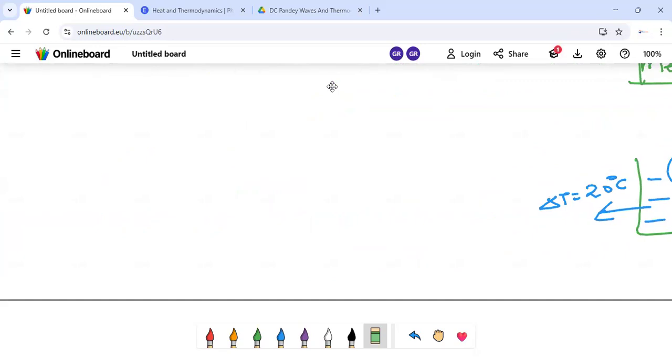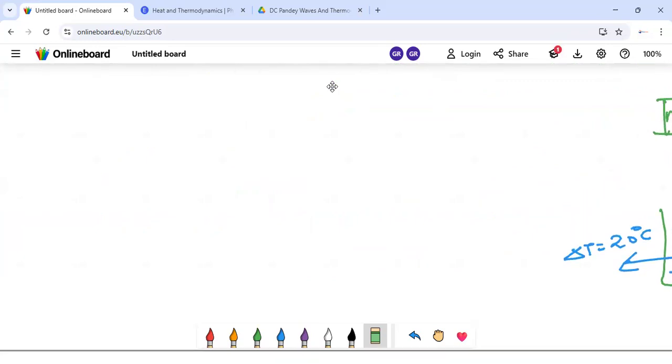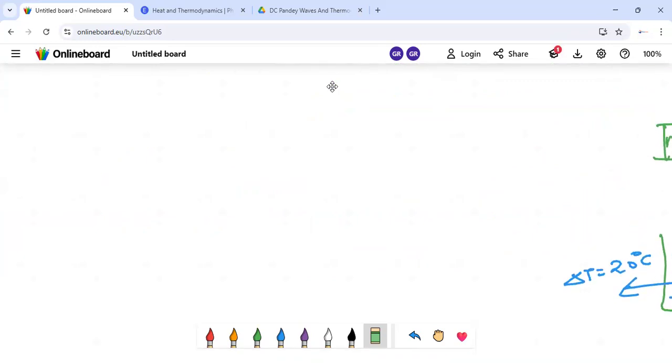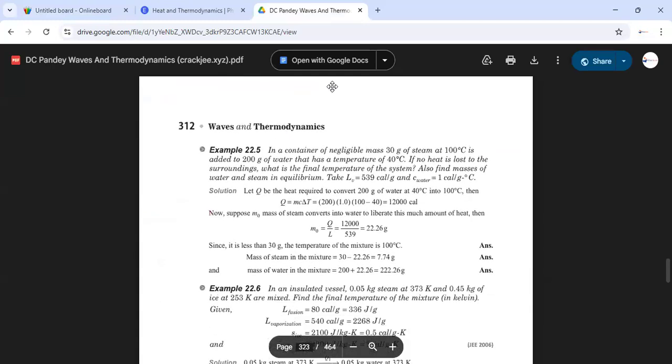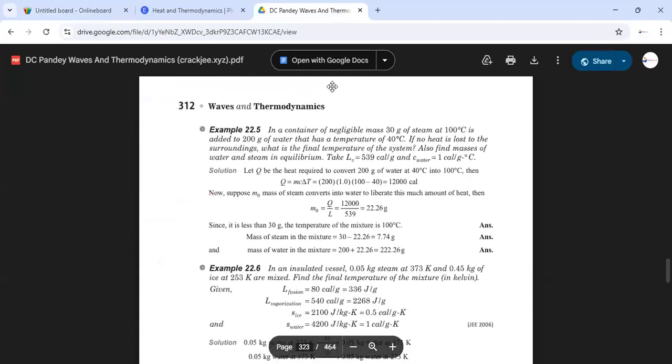All right. So now let me take another question. From here only I'll take. All of you can see this JEE 2006 question?